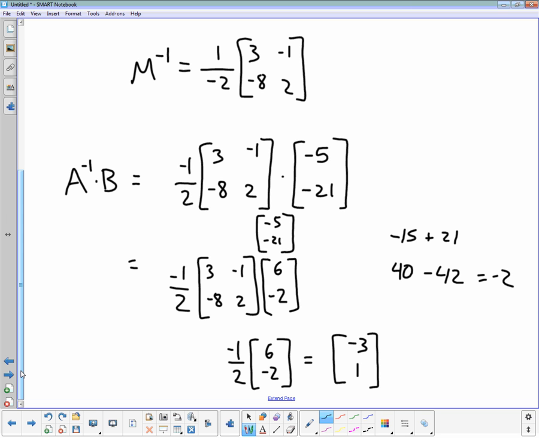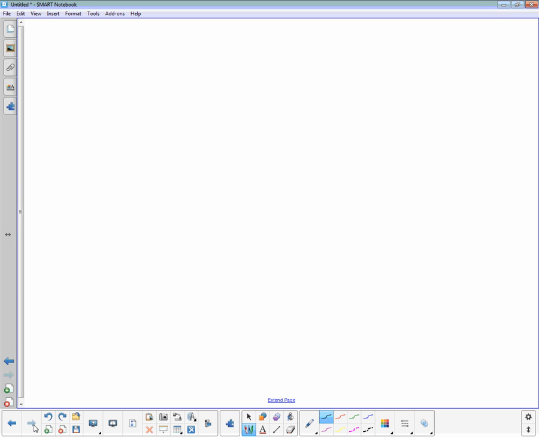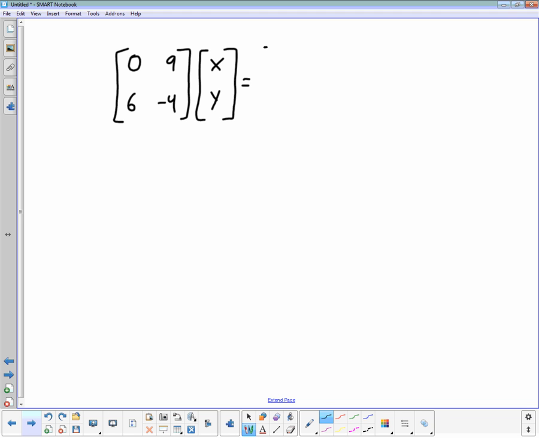Are we good? So, find the inverse and use the inverse to multiply against that answer, the solution matrix, and find the answer to this problem.